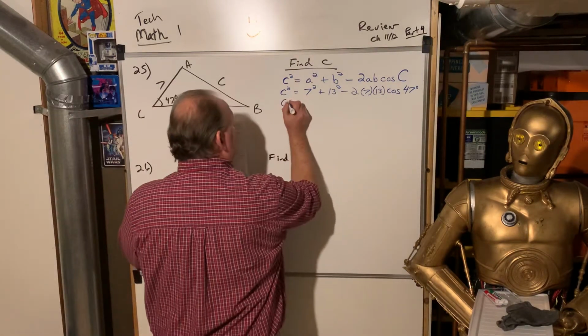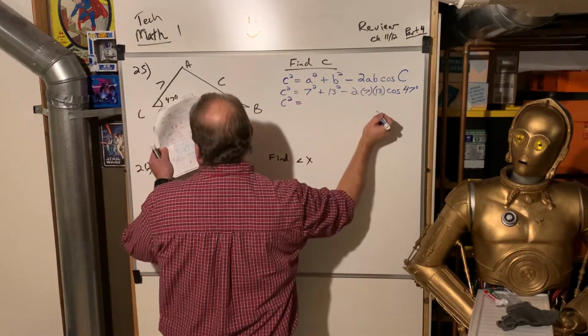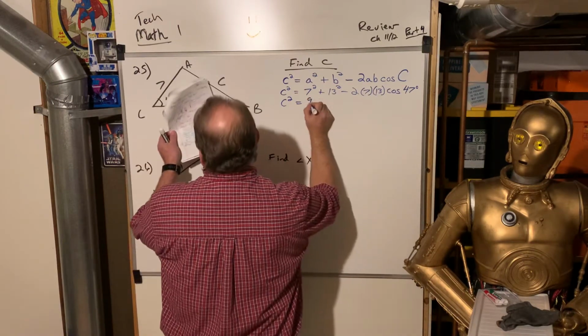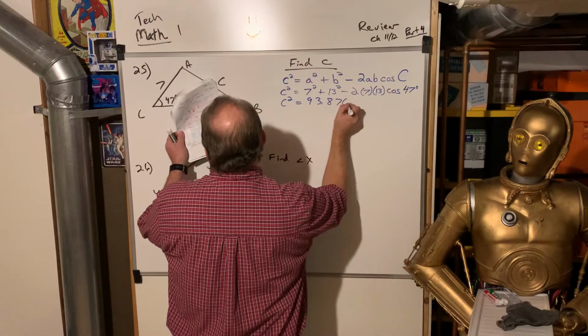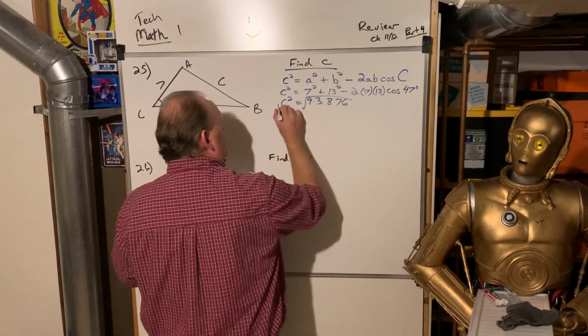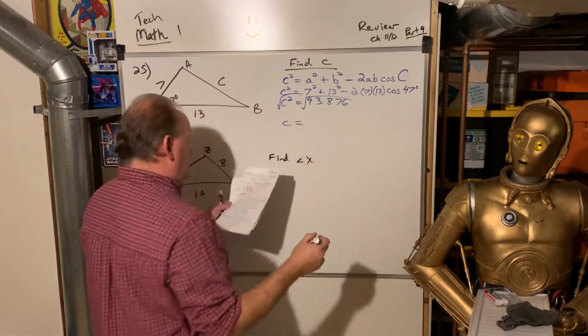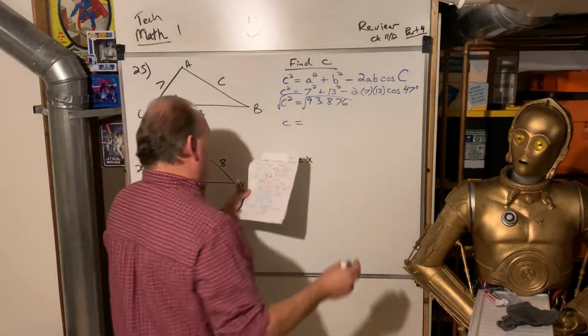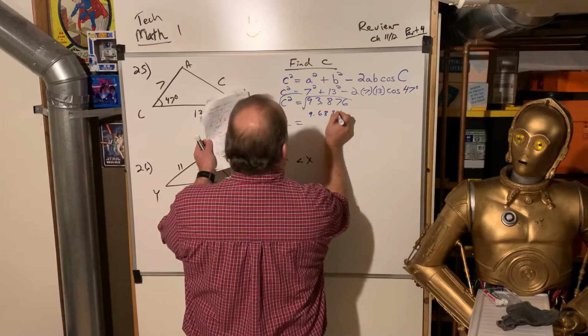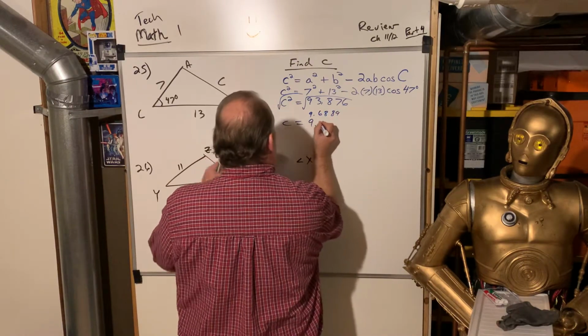Remember, it's C squared is equal to all of that. When you type all of that in, it turns out to be 93.876, and then you take the square root of that, and C is equal to 9.6889, we'll call it 9.7.